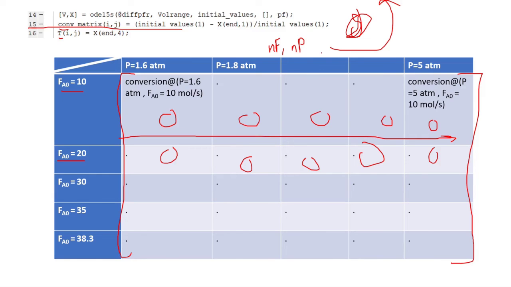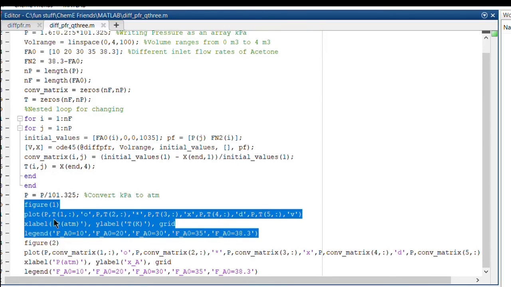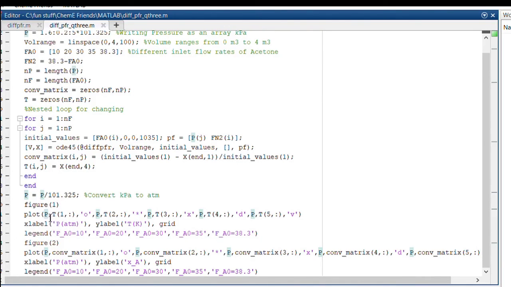And let's move to the MATLAB environment. Now that we have updated our conversion matrix and the temperature matrix through the nested for loops, we finally have to plot them, and we'll convert pressure back to atmosphere. In figure 1, the first plot, we will be plotting pressure versus temperature at different flow rates.